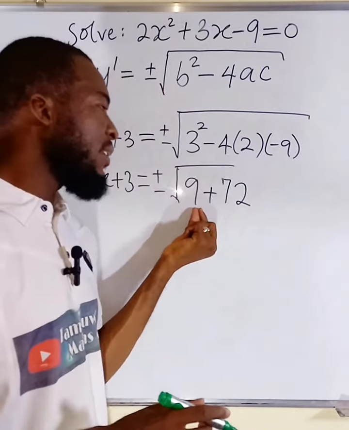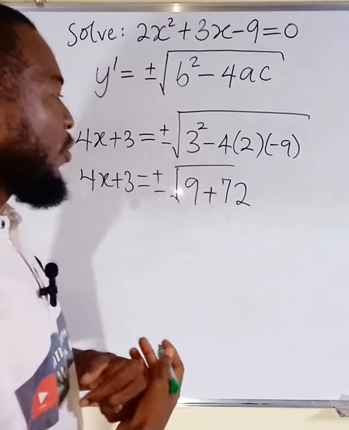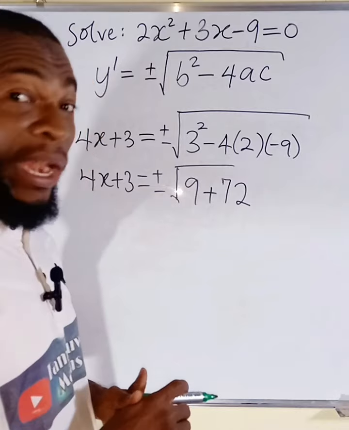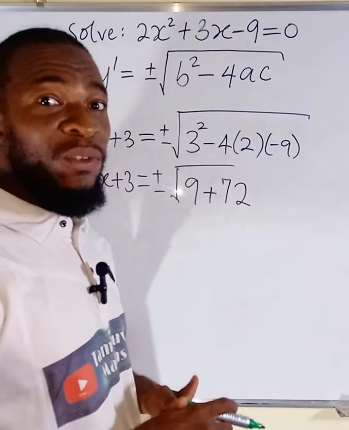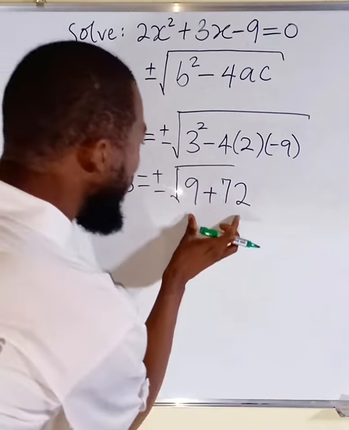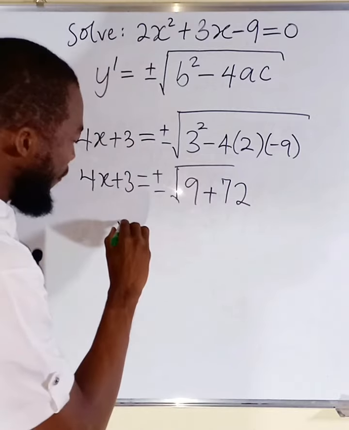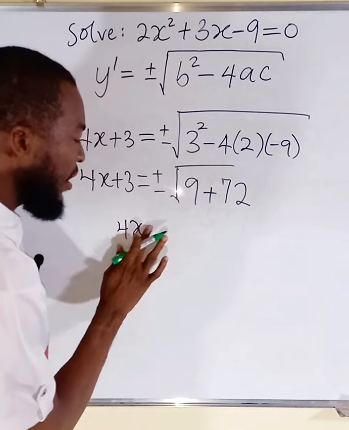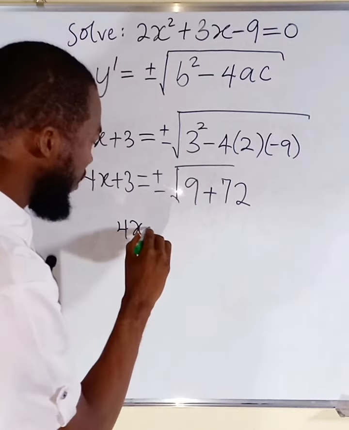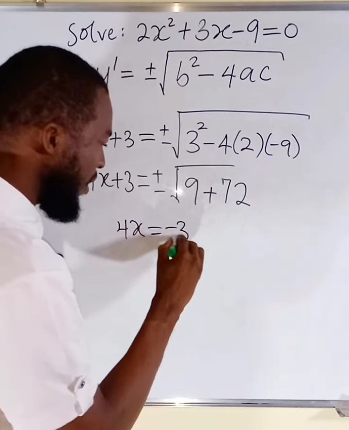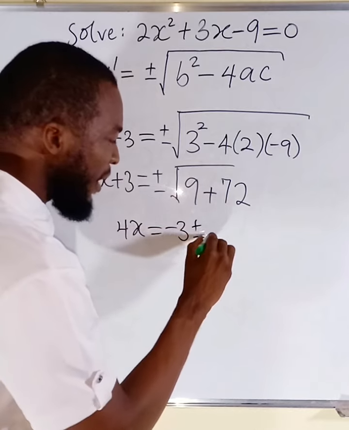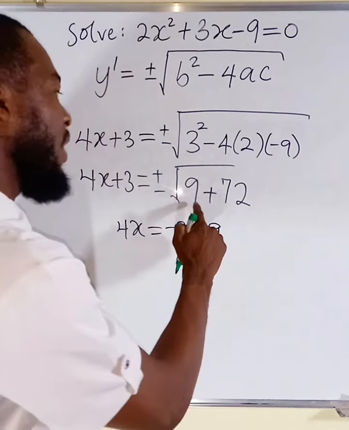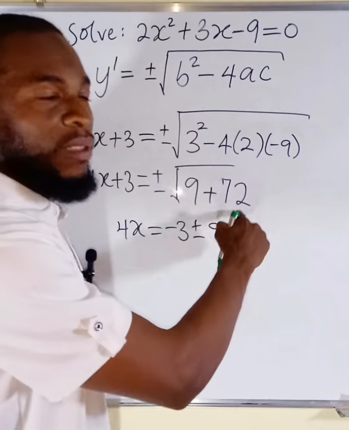And you know that if you add 9 and 72, you're going to obtain 81, and square root of 81 is 9, so therefore everything here is 9. We have 4x plus 3, and I may decide to take 3 to the right hand side, and it becomes -3. Then already we have plus or minus 9.